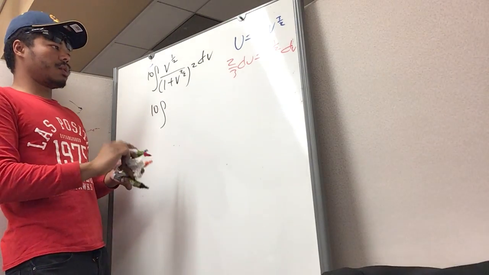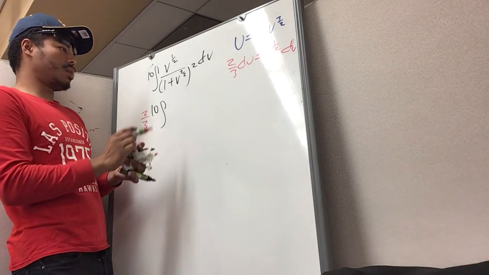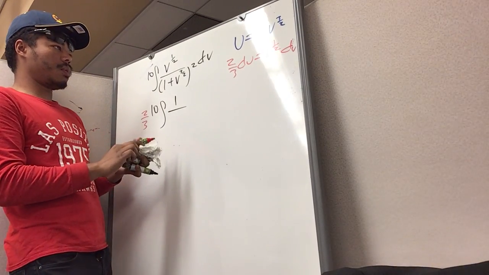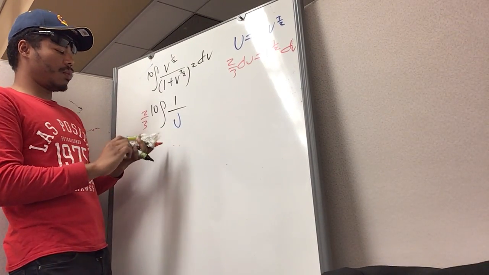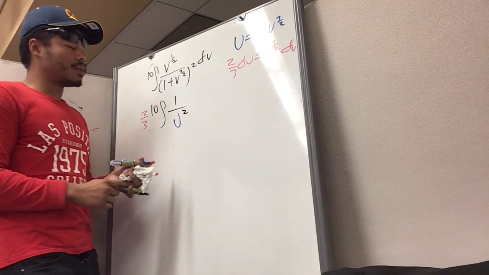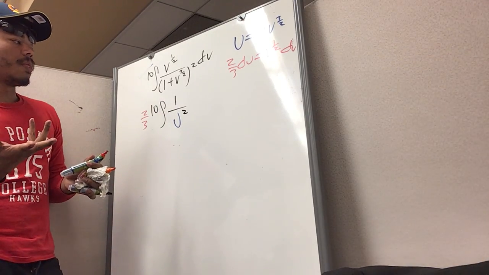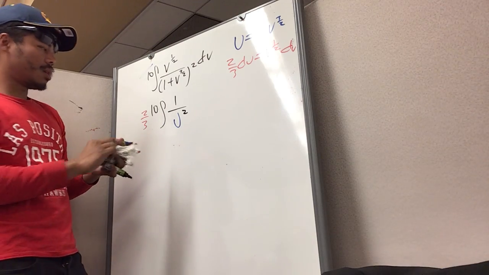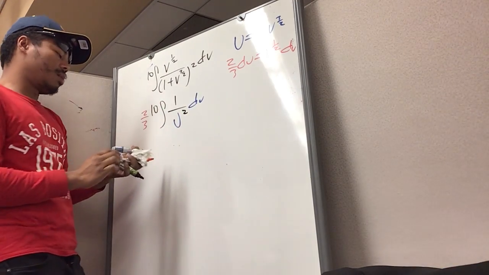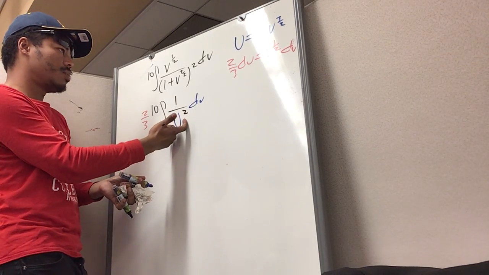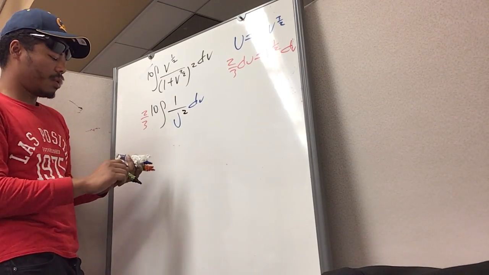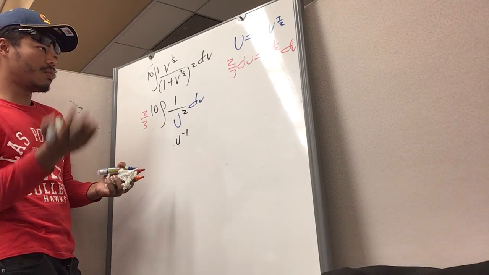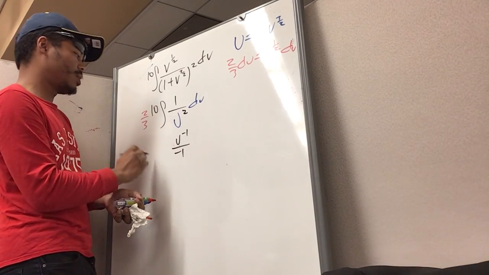10 times 2 over 3 times 1 over u squared. Same exact thing as before. It's going to be -1 over u. Okay, fine. Let's talk it out. This is u to the -2. Add a power makes it -1. So we get u to the -1. Divide by the new power, so divide by -1.